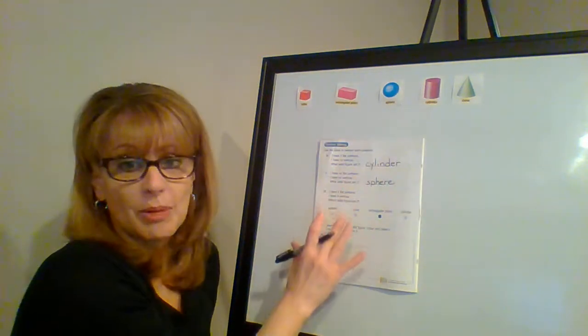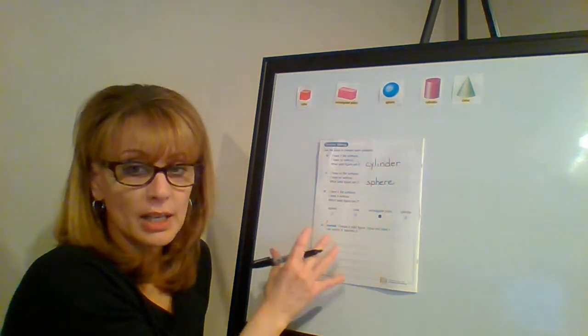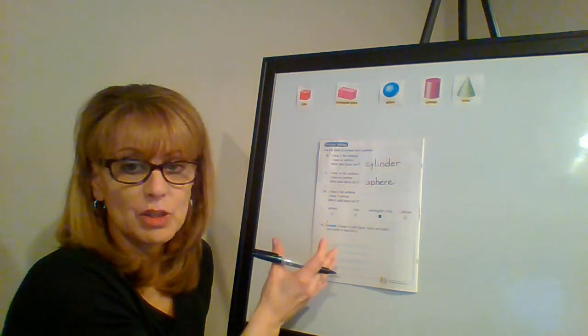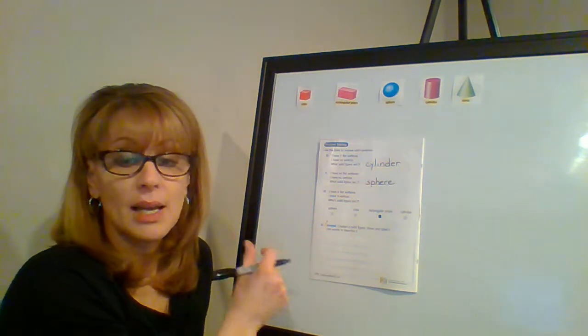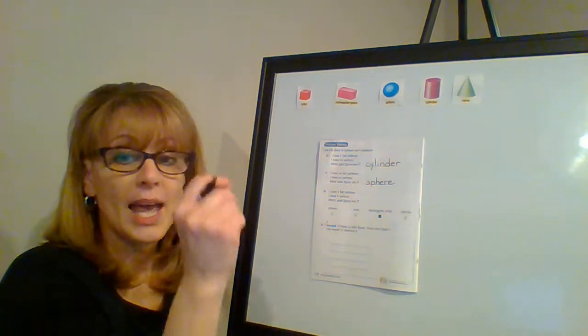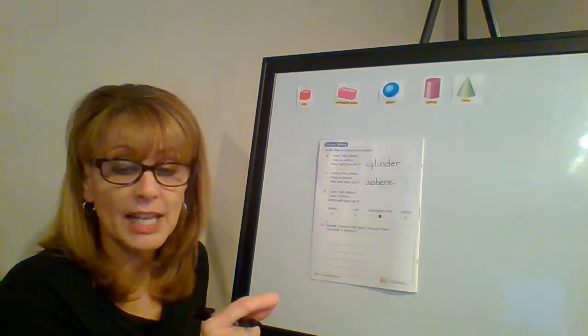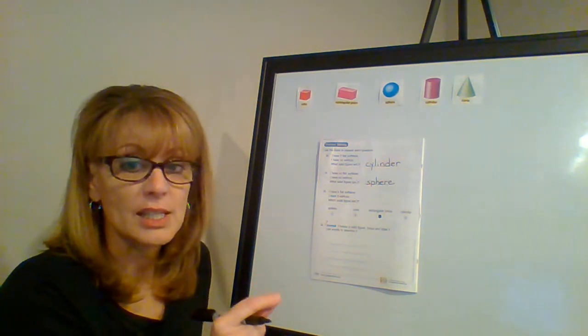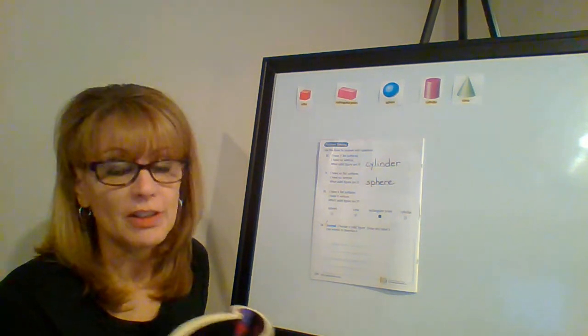Put them in front of you and make out this chart. If you actually put the objects in front of you and touch them, find the flat surfaces, find the vertices, it will be very, very helpful to you, and then you won't have trouble when it comes time to take the test.